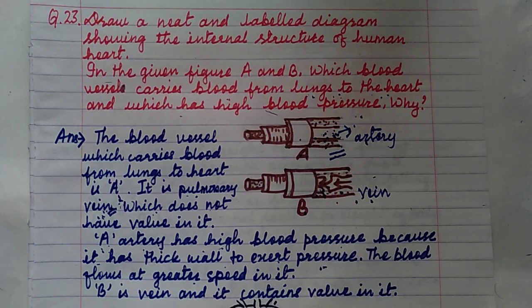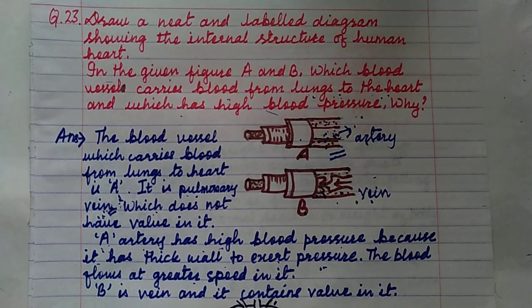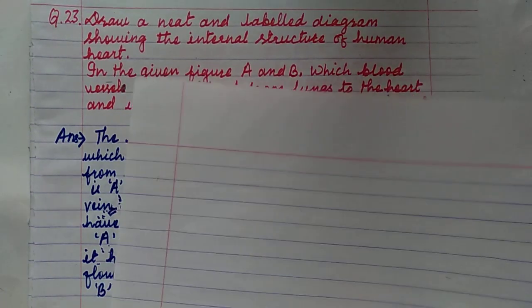Now the first part of the question is to draw a neat and labeled diagram showing the internal structure of the human heart. So now we are going to draw the human heart. I'll show you some techniques to draw. Hopefully it will help you. We can start this way. First of all, you make an M structure in it.